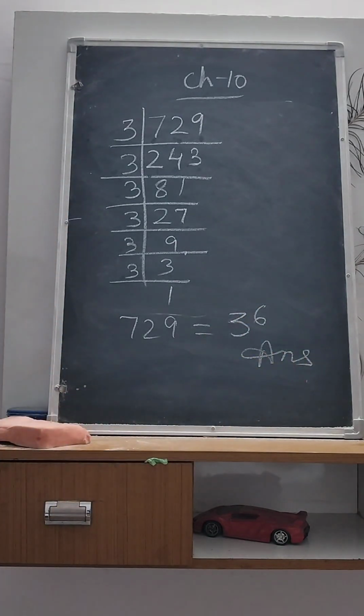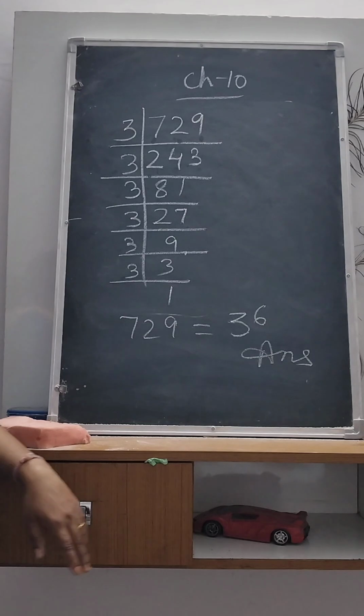When we do the prime factorization, some students take composite numbers. We don't have to take composite numbers. We only have to take prime numbers. What is the difference between prime numbers and composite numbers? Prime numbers are the numbers which come only in their own table.